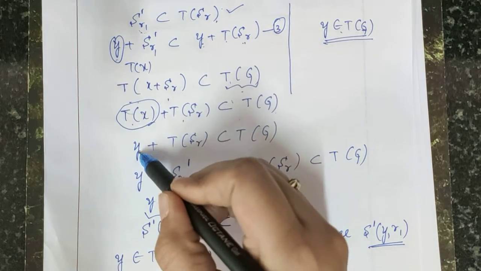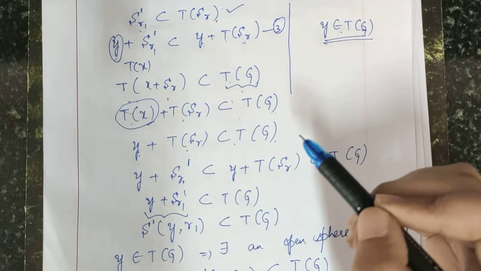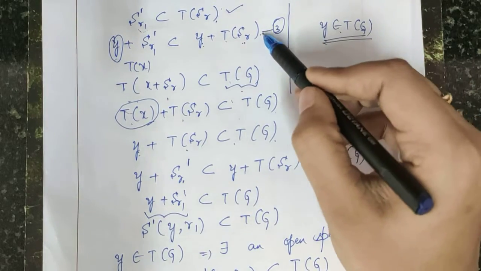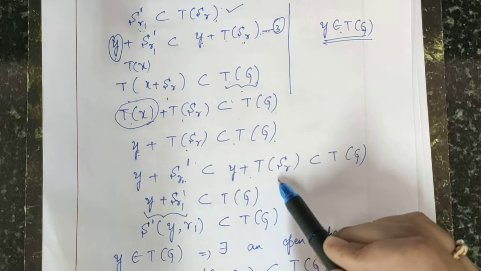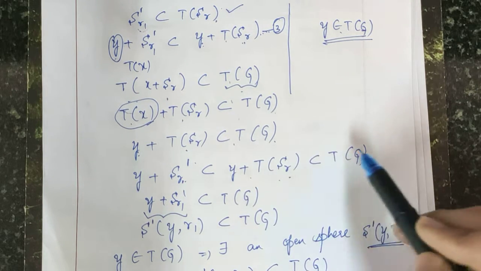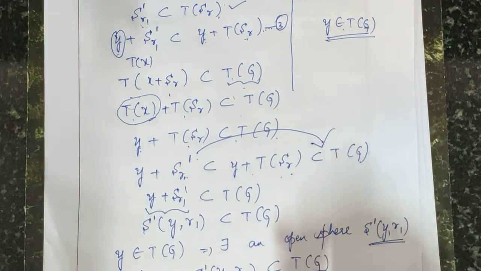T of x is nothing but y. Y plus T of SR is a subset of T of G. Right? So from your equation number 3, y plus SR1 prime is a subset of y plus T of SR, and this is a subset of T of G. So obviously this will be a subset of T of G.